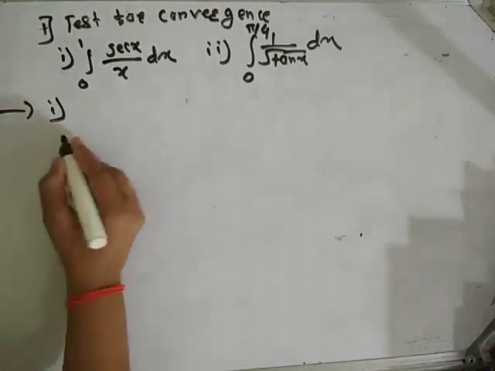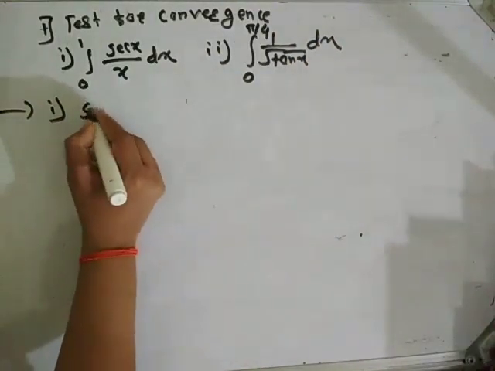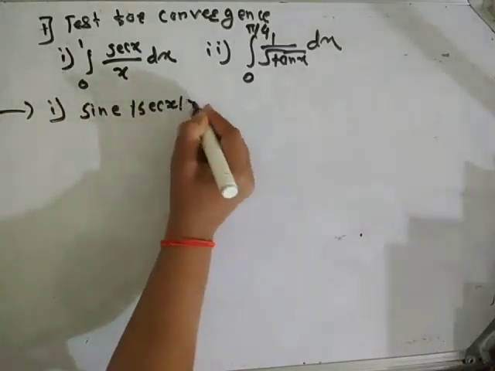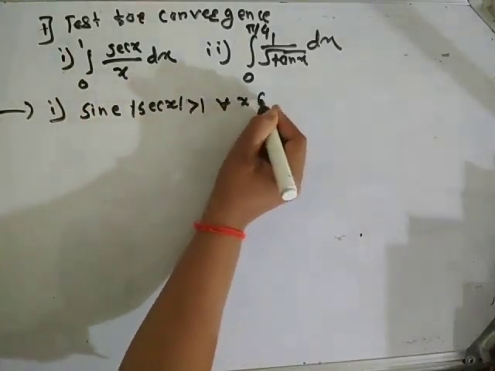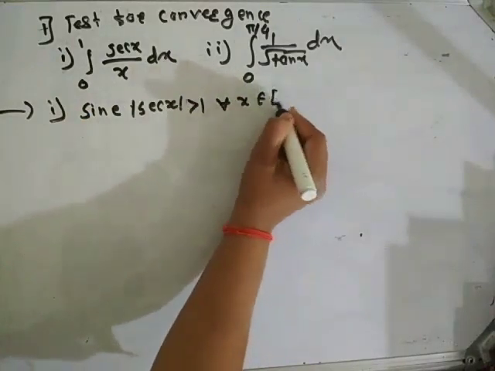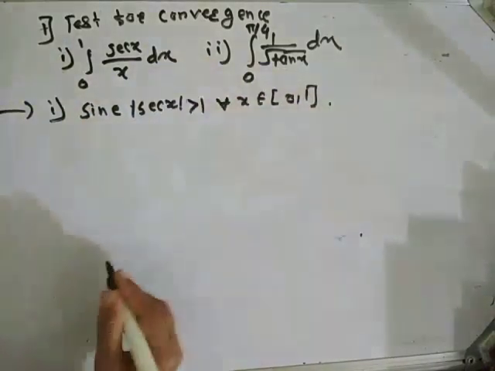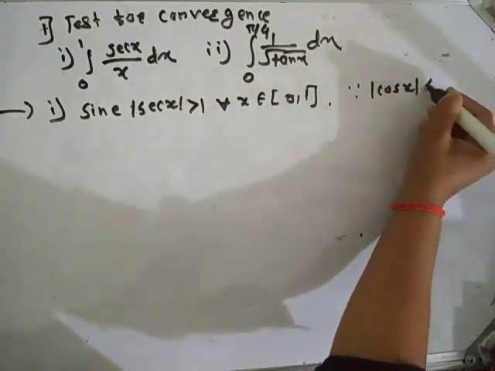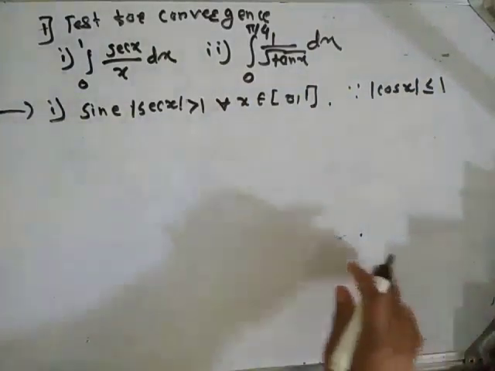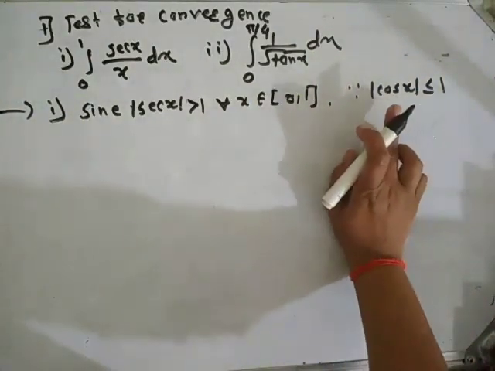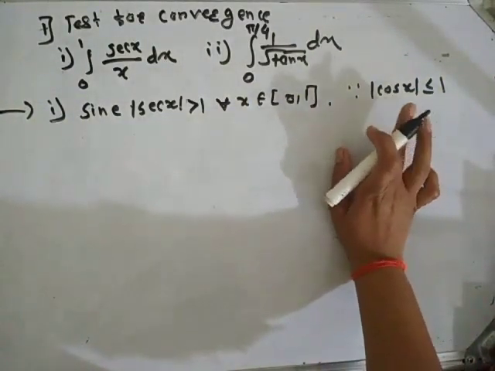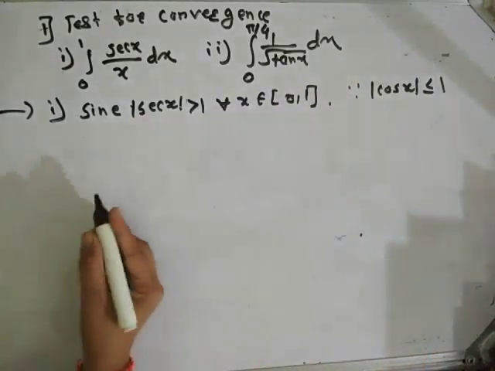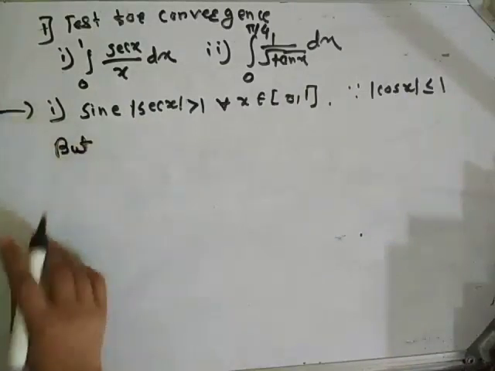See here students, since mod sec of x is greater than 1 for all x belongs to closed interval 0 1. Why is this? Since mod of cos x is less than or equal to 1, its reciprocal, that is mod of 1 upon cos x, is greater than or equal to 1.